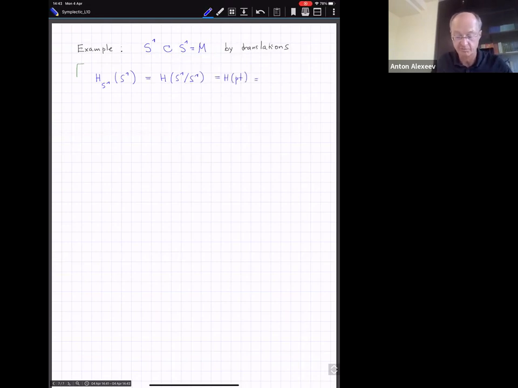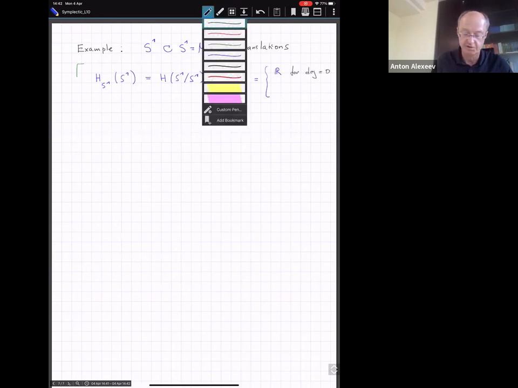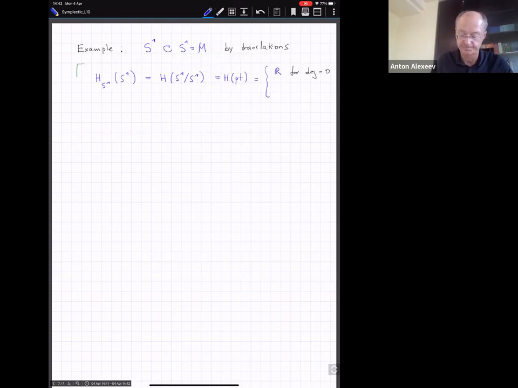And this is R for degree equal to 0, and this is 0 otherwise. So that we actually know what it is.